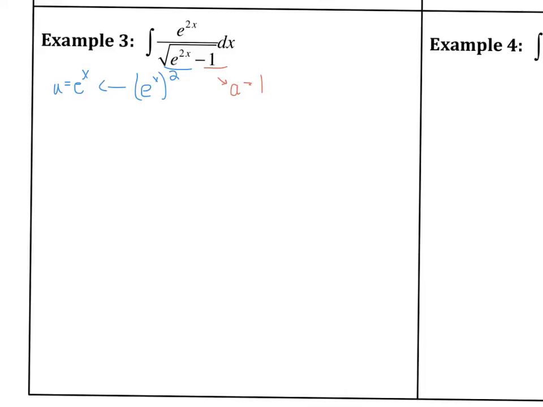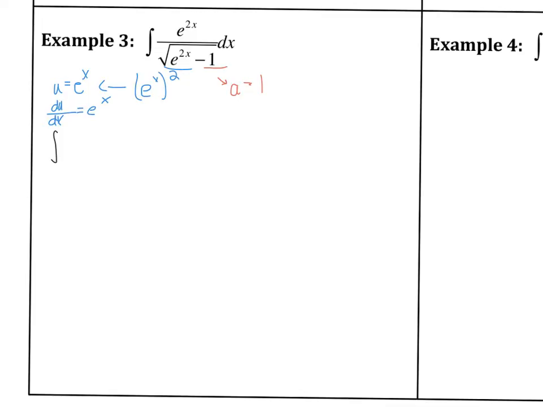Okay, so now let's start to rewrite our integral. I'm going to give myself some space to find my du dx before I do that. So du dx is e to the x. Cool.